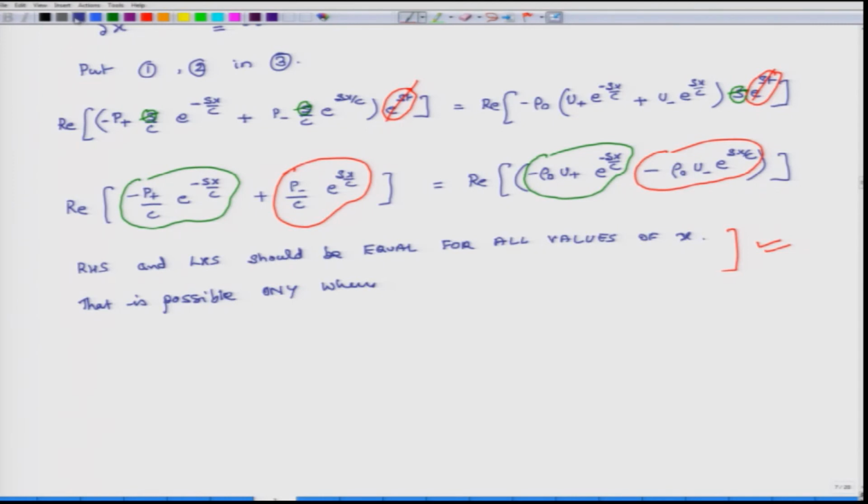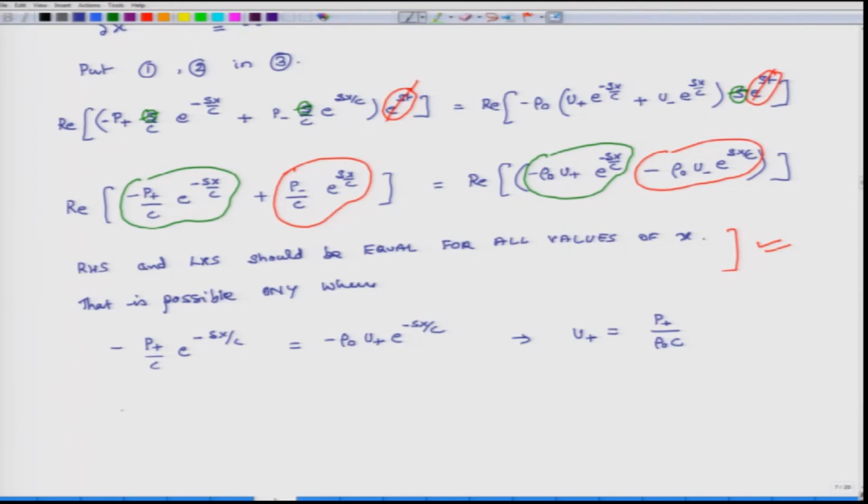So, if that is the case, what that means is that minus p plus over c e to the power of minus s x over c should be equal to minus rho naught u plus e to the power of minus s x over c, or u plus equals p plus by rho naught c.